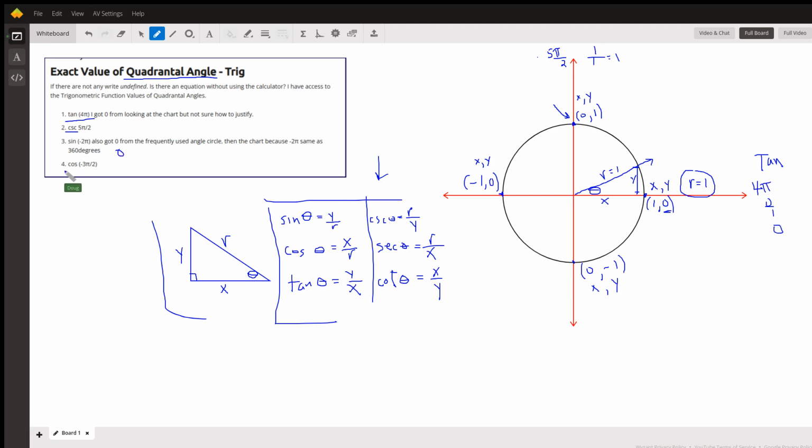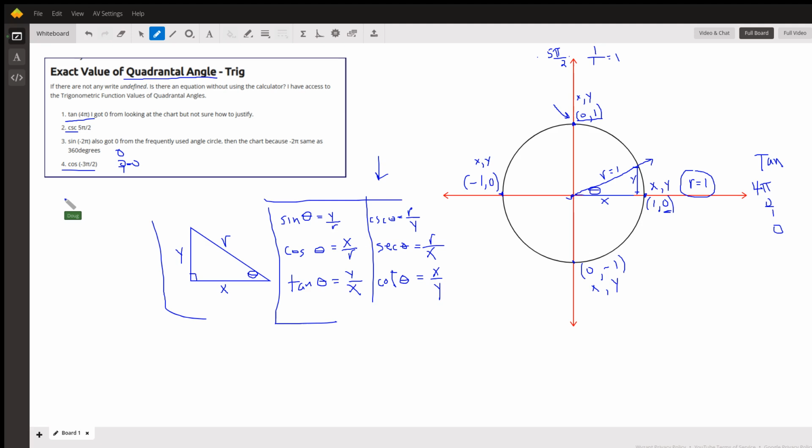And finally, the cosine of negative 3 pi over 2, we start here, end up here on the positive y-axis. Cosine is x over r. And essentially, the x coordinate has disappeared on your little reference triangle. That's why we look at these values right here. So the cosine is 0 over r, 0 over 1, or 0.